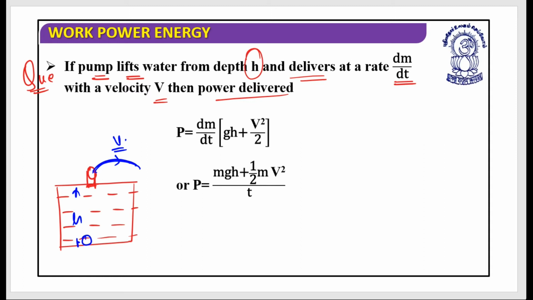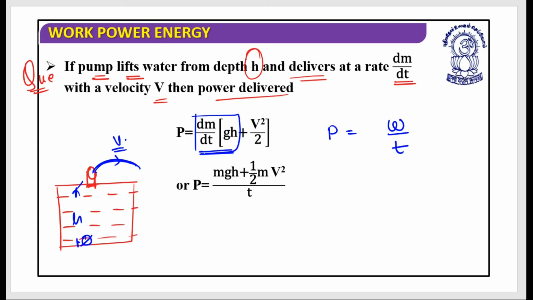This is the situation. So I understood that power is equal to work done by time. Now here I have two tasks. One task is to bring this water from down to this, and that could be done by mgh. So this is dm by dt into gh, it's mgh divided by time.